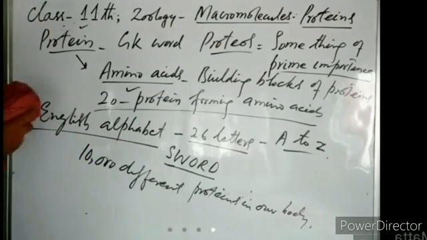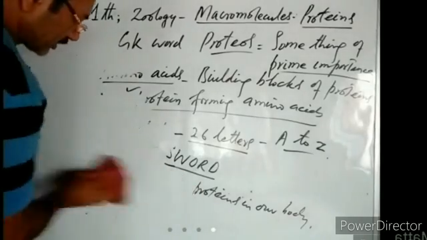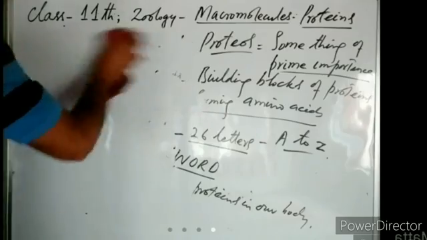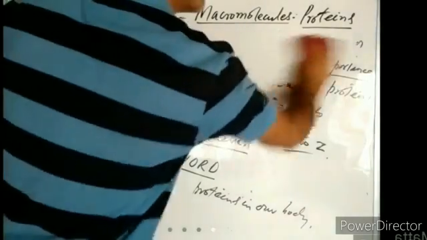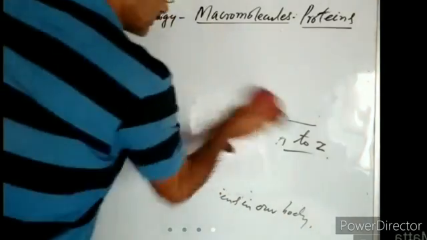A protein exists in different structures, so we will see the hierarchy of protein structure. A protein does not have only a single structure. It exists in different structures.